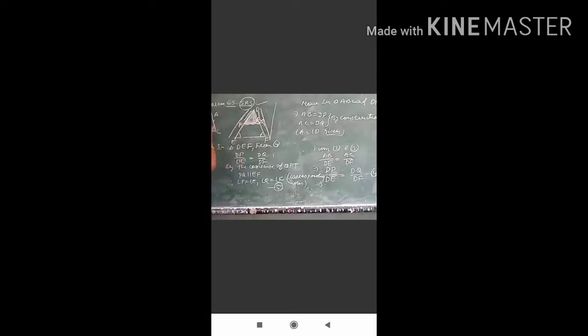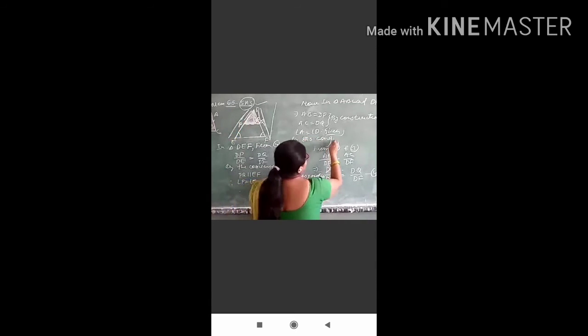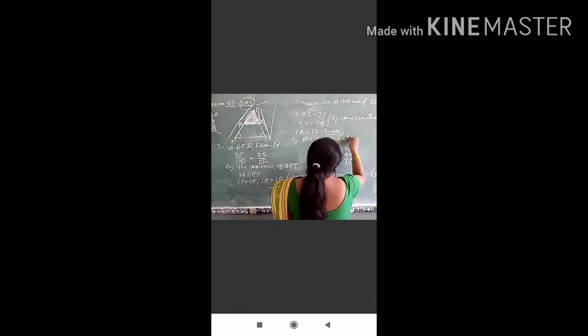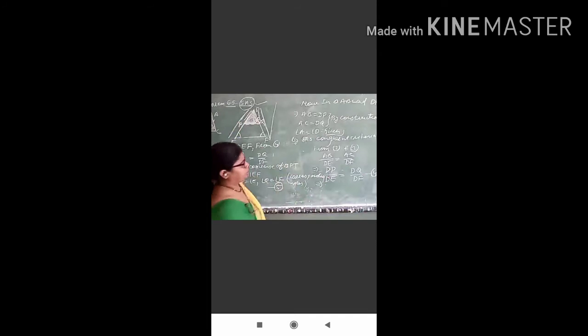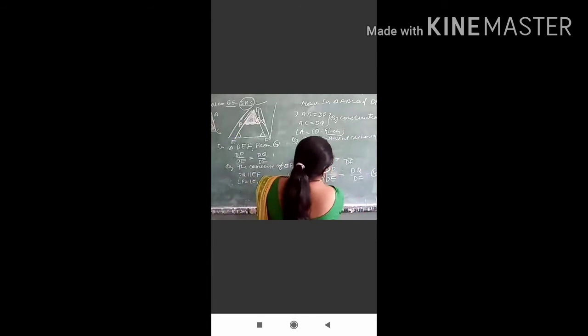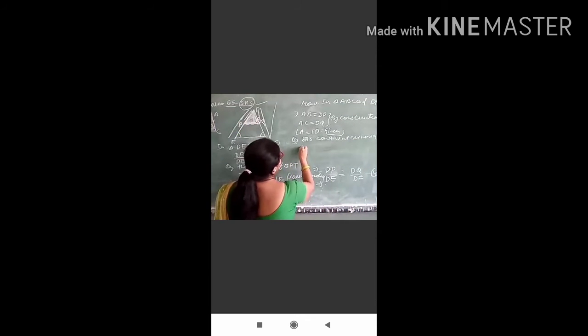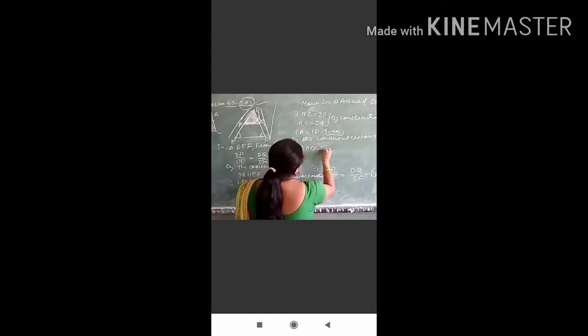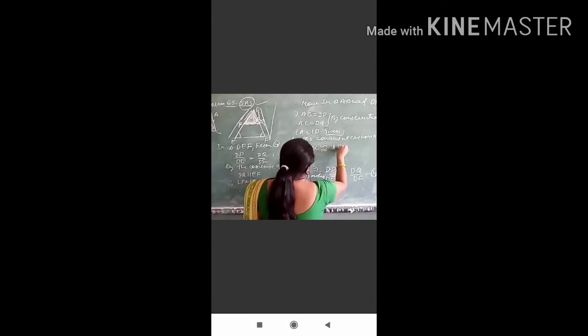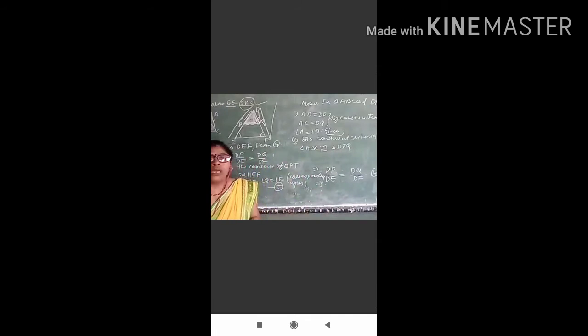In triangle DPQ and in triangle ABC, by the SAS congruence criteria, what do we have? By SAS congruence criteria, triangle ABC is congruent to triangle DPQ. Okay?